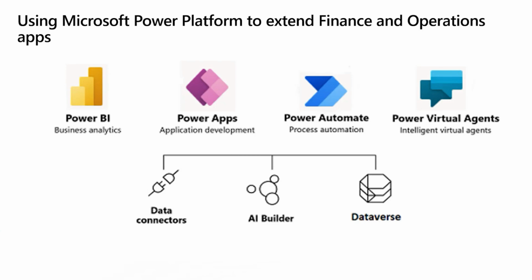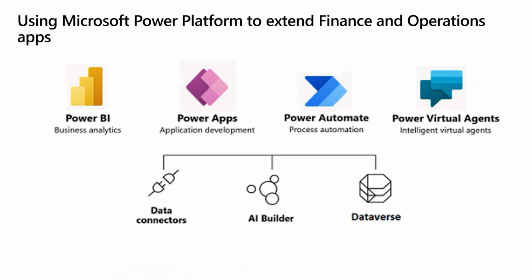Power Apps is an application development tool which will allow you to build fully functional model-driven applications or canvas applications or portals. We've got Power Automate, which is an automation tool which allows you to connect between various connectors, create triggers, and take actions based on these triggers.